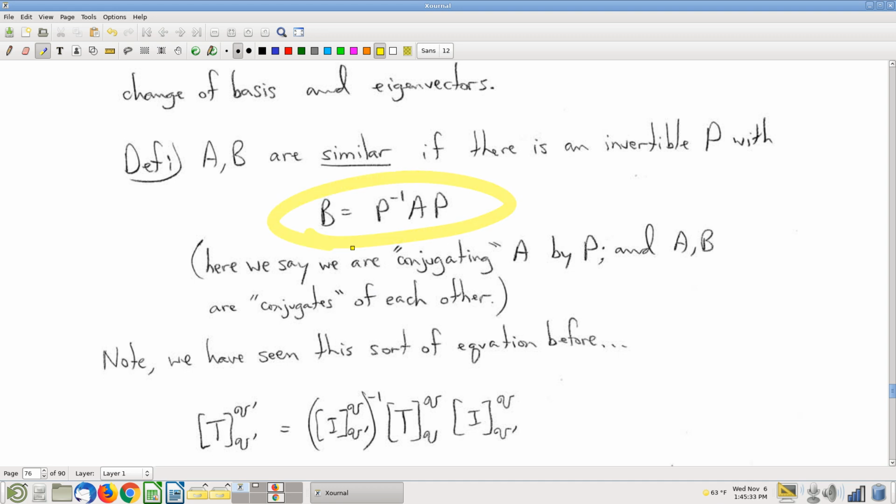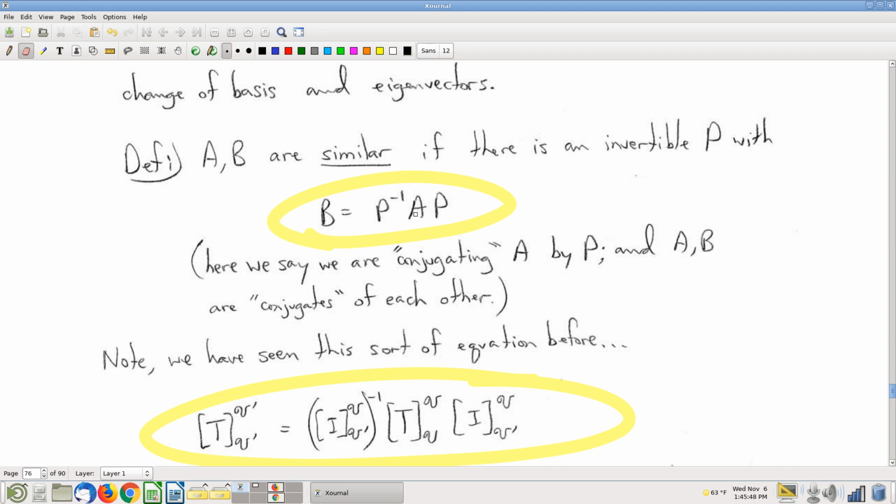This structure of an equation, we've seen a structure that looks a lot like that before. That's this equation, right? So again, flash back to 5.3. You can start to see hints of a 5.3 connection. This is the formula that we had for how to do a change of basis on a linear transformation.